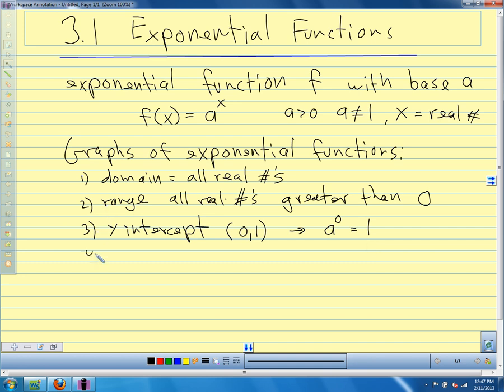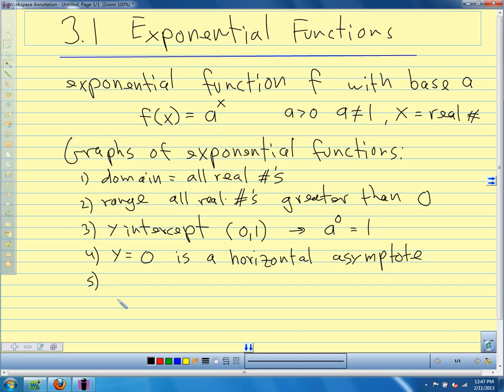Y equals 0 is a horizontal asymptote. So our function is always greater than 0. Never quite reaches 0. It gets really close, but it never quite gets to 0.